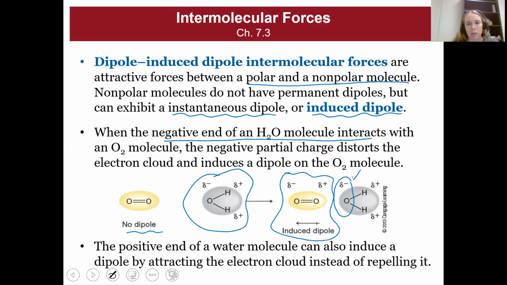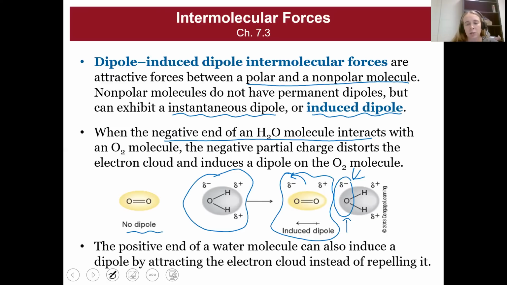So this negative end of water gets close to the oxygen molecule, and that causes the electrons that are in this O2 bond to kind of shift away. They're being repelled by the electrons that are localized on the oxygen of the water.